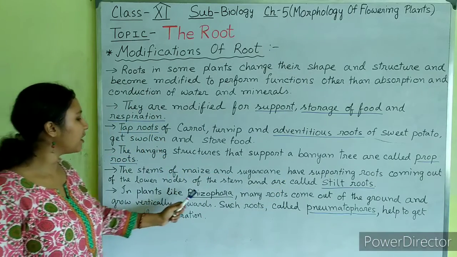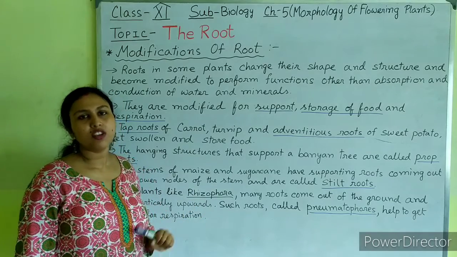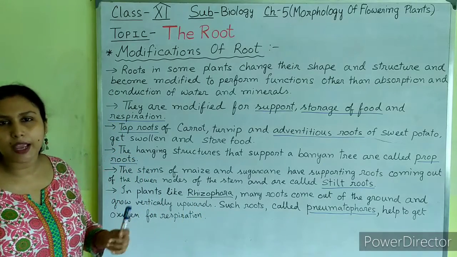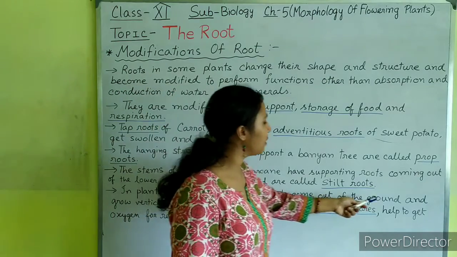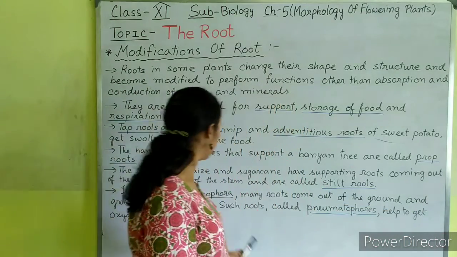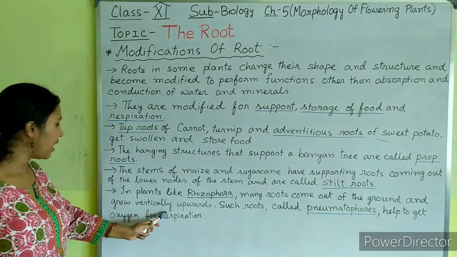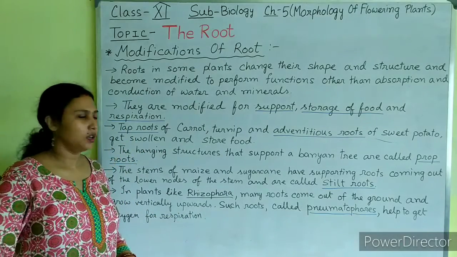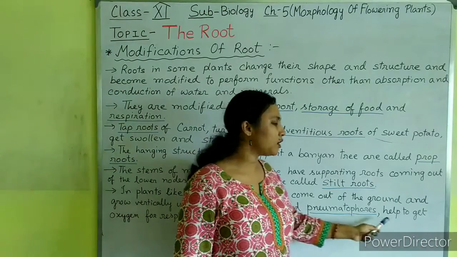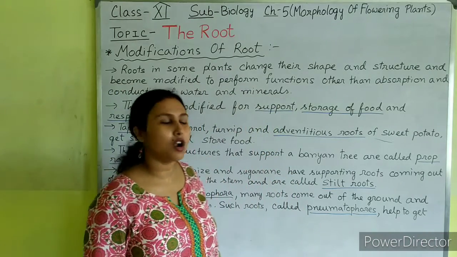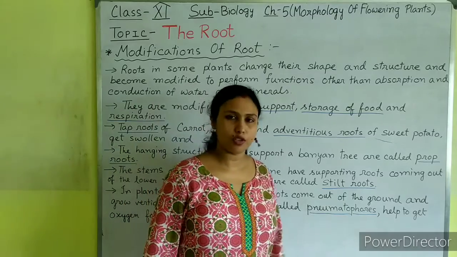In plants like Rhizophora, which generally grow in swampy areas, many roots come out of the ground and grow vertically upward. Such roots are called pneumatophores.